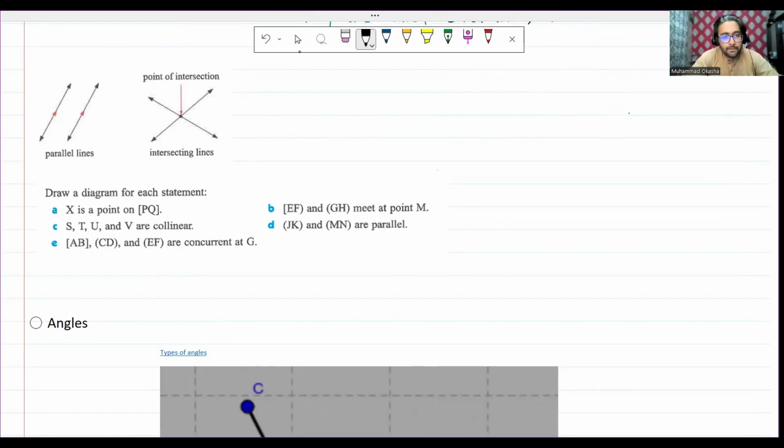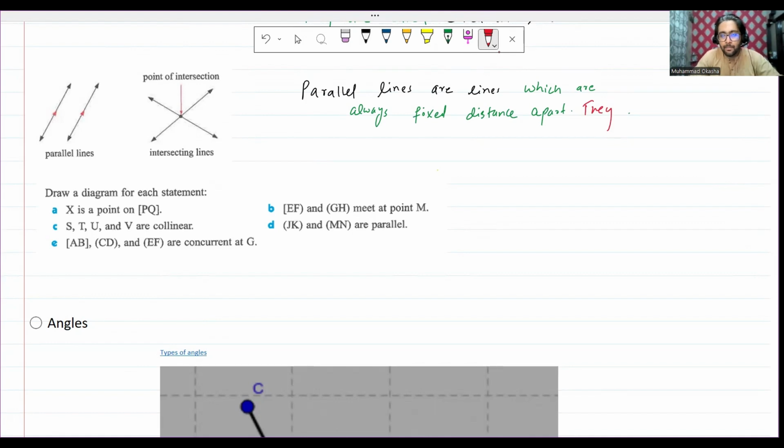Okay, let me write down the definition. Parallel lines are lines which are always a fixed distance apart. So the distance between them is fixed, and they never meet each other. This is important.